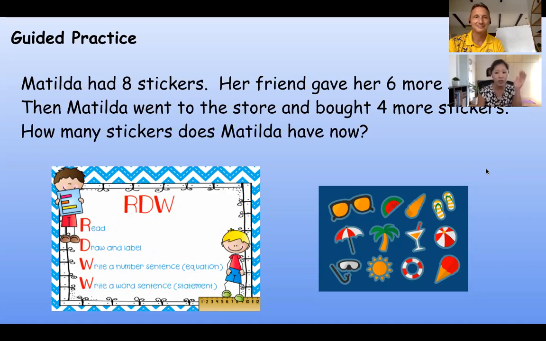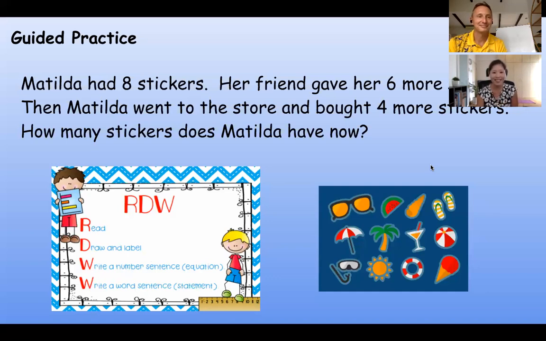So you have to really keep track of what's happening and paying attention to what's happening in the story. Look for those clue words or like important words that should help you to identify whether it's addition or subtraction, okay? All right, so this is what we suggest. You're going to read the whole problem first, and then you're going to reread it again, and you're going to do it step by step. And we'll model this for you.